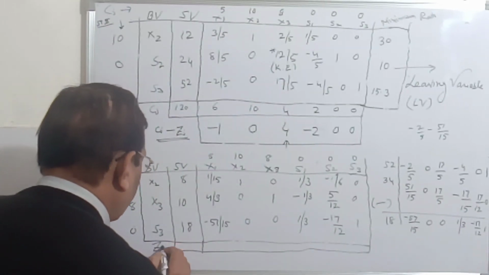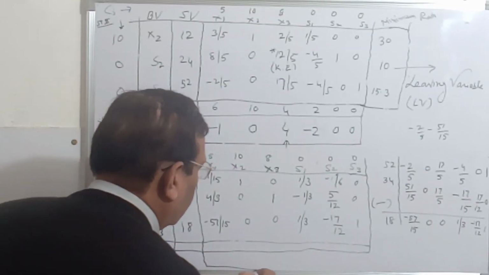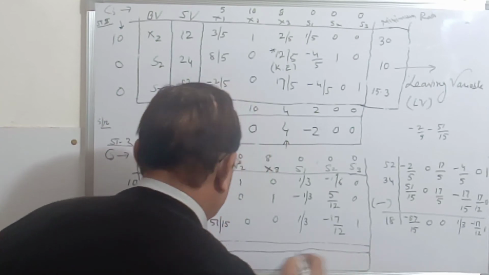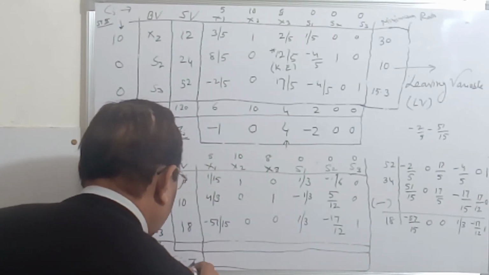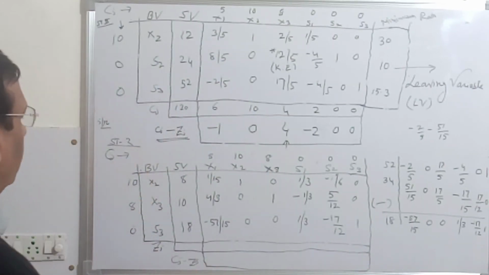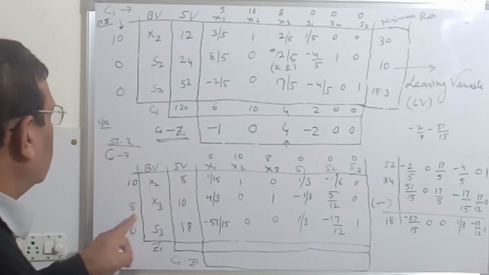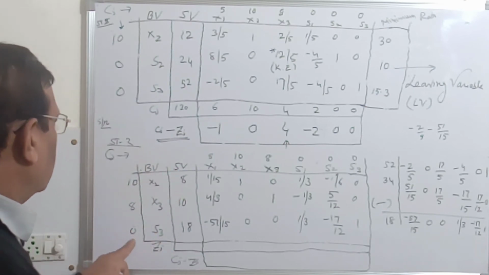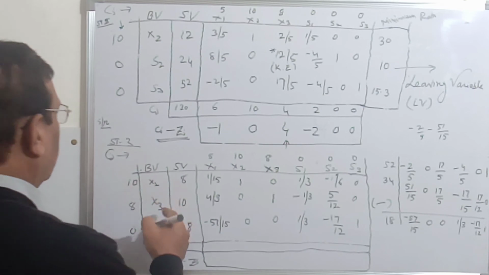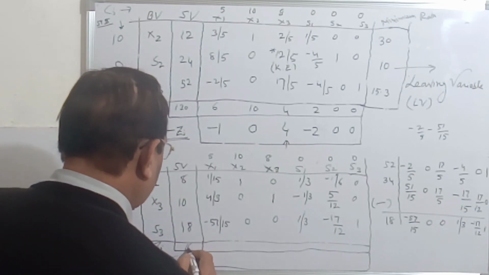Again, we have to go for Zj and then Cj minus Zj. Zj we know: this into this plus this into this. This is 0. So 80 plus 80, 160.